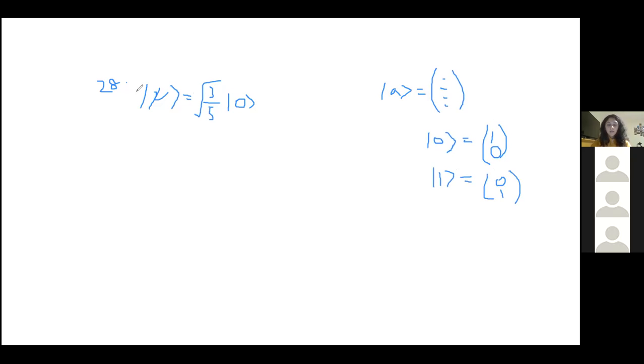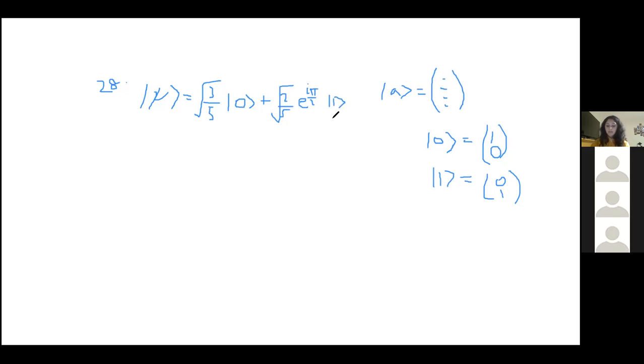So anyway, going back to our question, we have a state which is phi, okay? That's what that Greek letter is. And then it has √3/5 plus √2/5 e to the i pi/2 1.